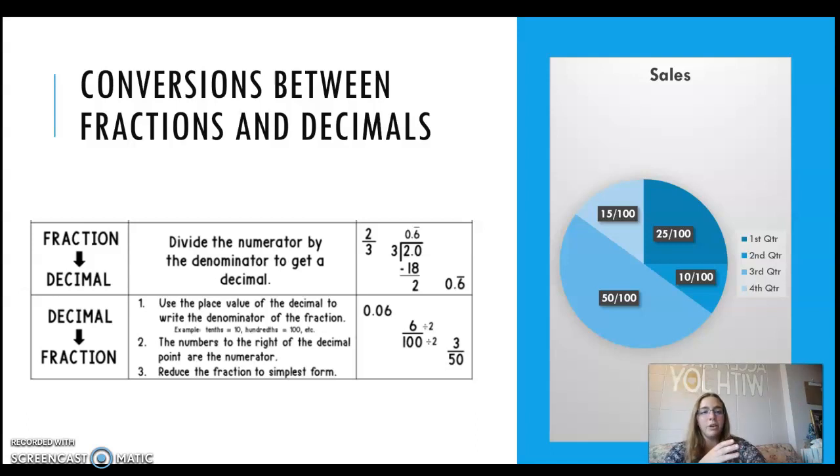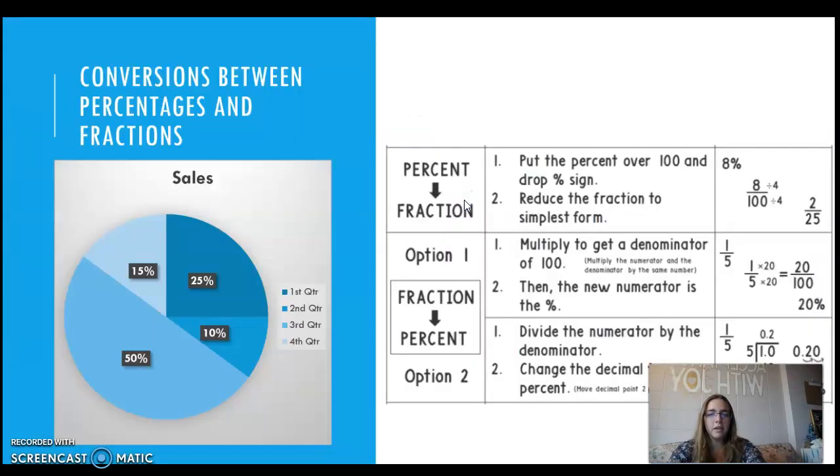I want you to go through each of those quarters and compare the fraction to the decimal, and then compare the percent to the fraction and the decimal to the fraction.